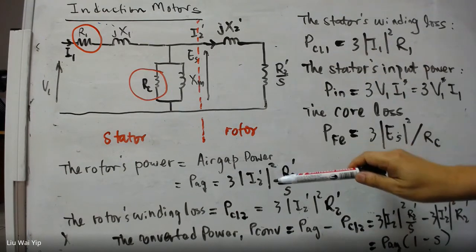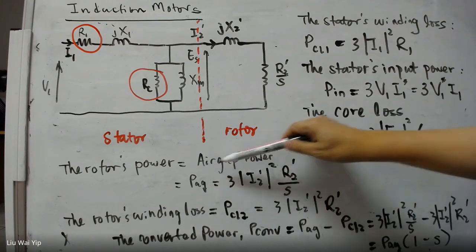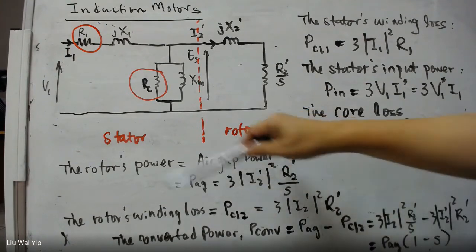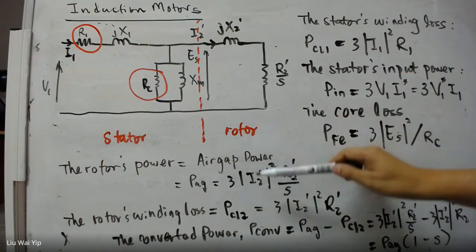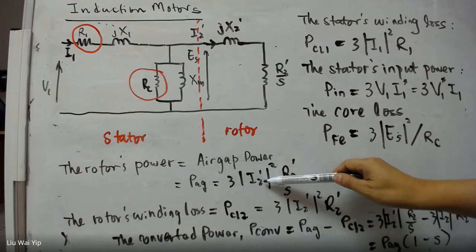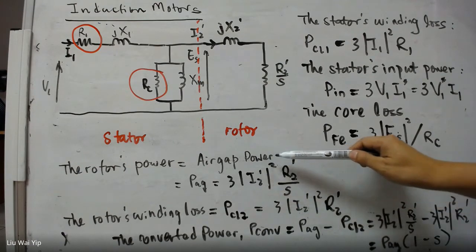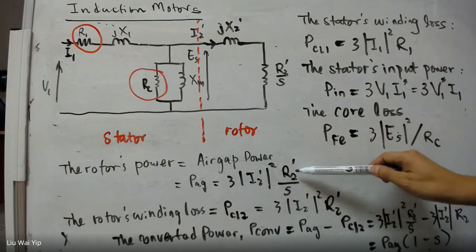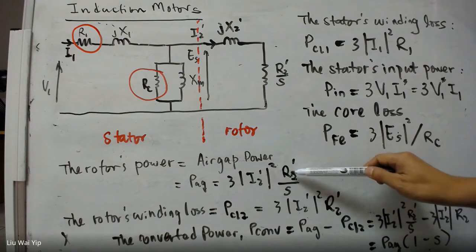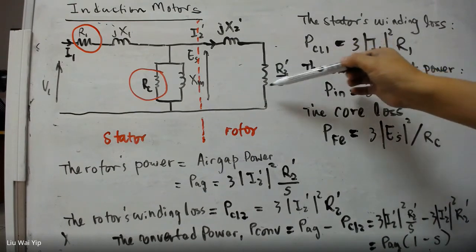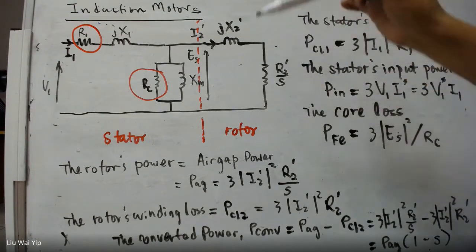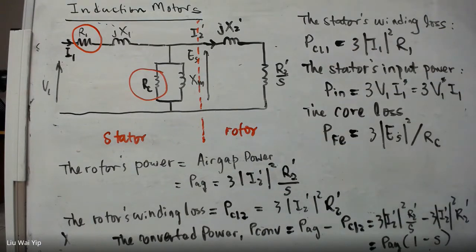So that's why the air gap power, which is the power for the rotor, is 3 times I2 magnitude squared, times R2 dash divided by S. We use the current and the resistance here to calculate the power belonging to the rotor.